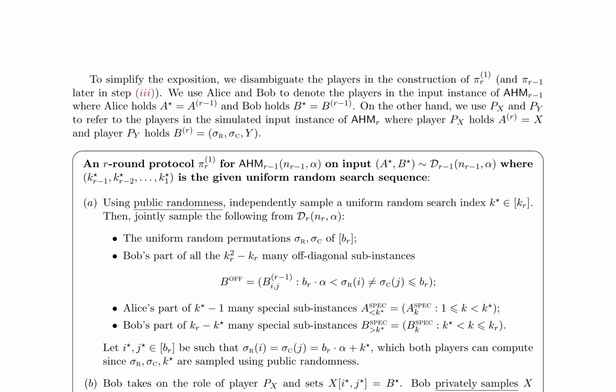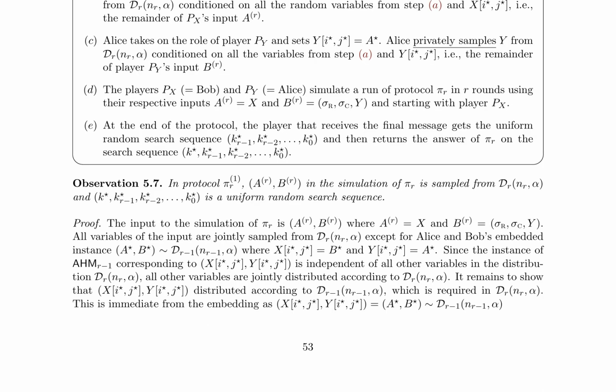In step B, Bob takes on the role of player p x and sets x at i-star, j-star, equal to b-star. Bob privately samples x from D r, n r, alpha, conditioned on all the random variables from step A, and x at i-star, j-star, i.e. the remainder of p x's input A r.